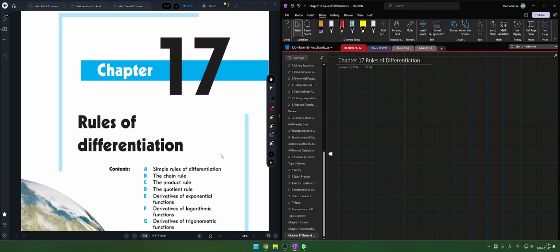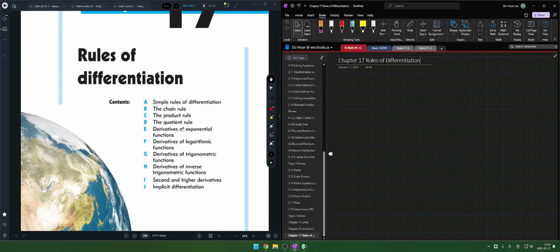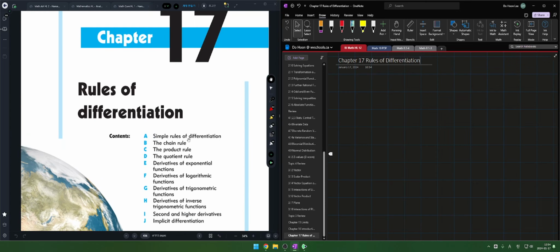Of differentiation. Okay. It's a very long chapter. I'm not too sure how much I can do today. Probably stop around chain rule or maybe product rule, quotient rule. Anyhow. Most of this topic is in the formula booklet, so don't worry too much about memorizing these steps.